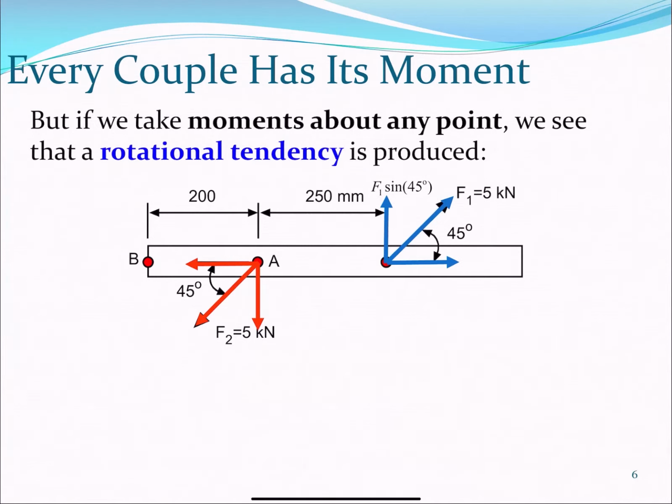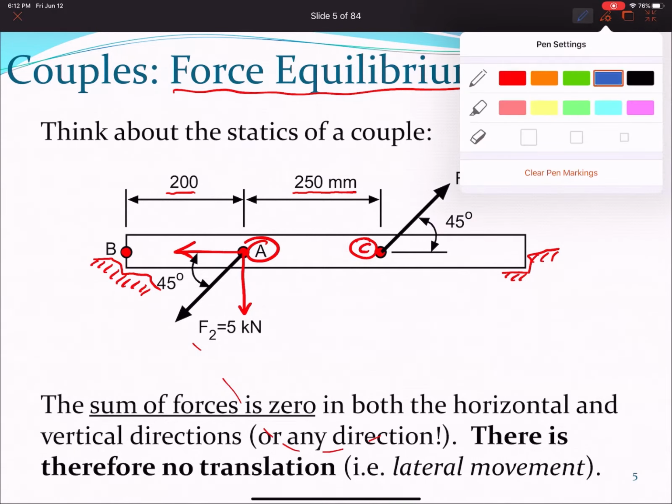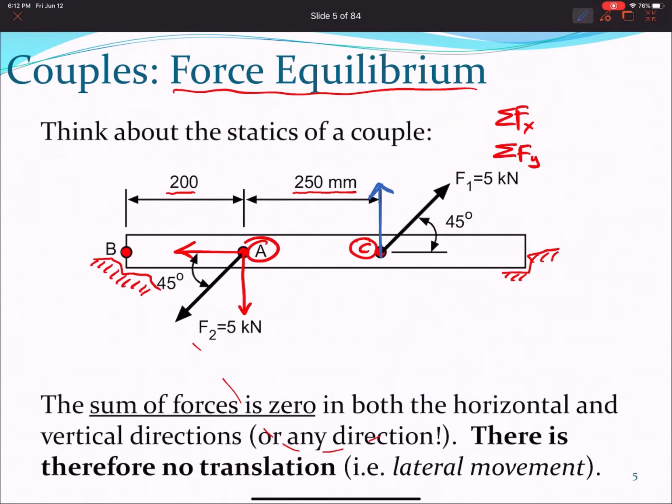Let's see about the equilibrium that these forces will make. Remember, to add forces, it's a good idea to break them down first. Let's start with the sum of forces in X, and then the sum of forces in Y. These are the components of force number 2, and these are the components of force 1.